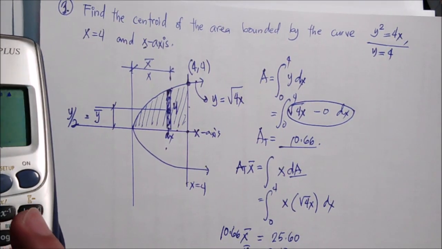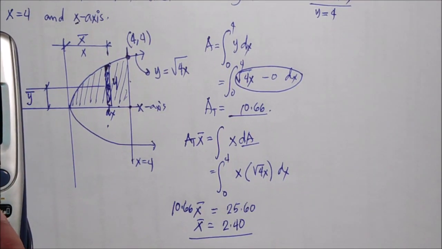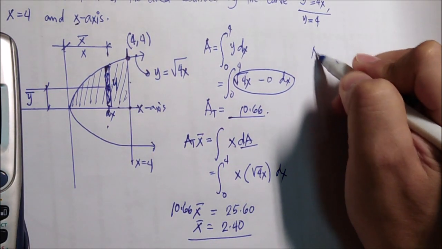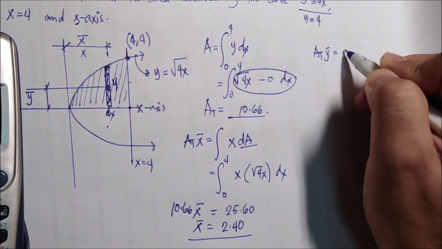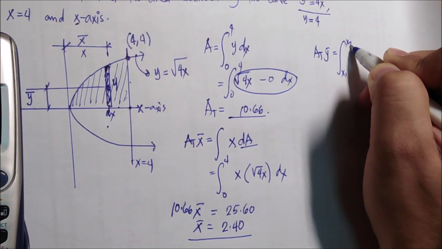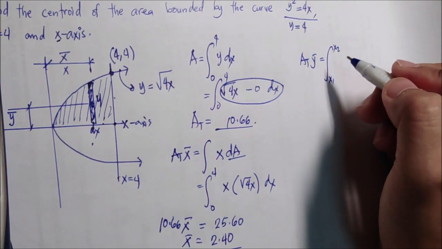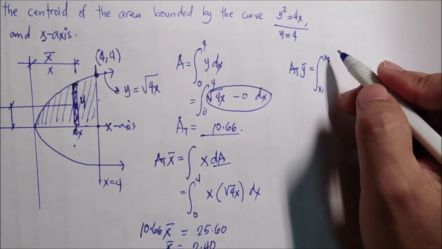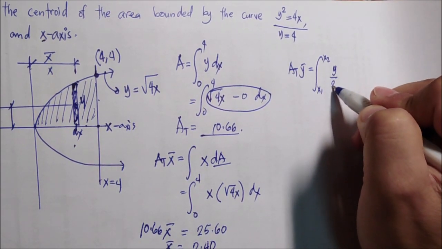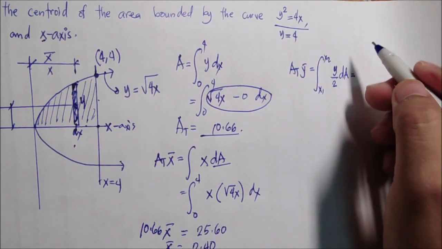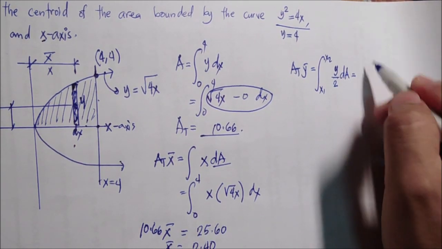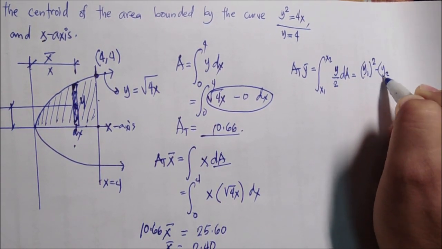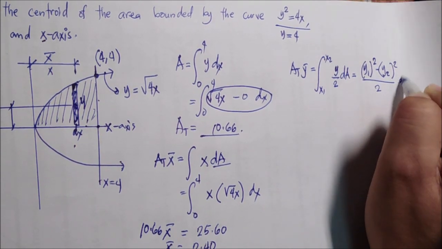Solving for bar y, we have area total times bar y equal to the integral from x1 to x2 of y over 2 dA. This can be replaced by y1 squared minus y2 squared divided by 2 dx.